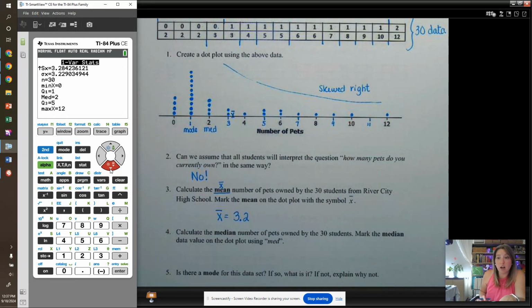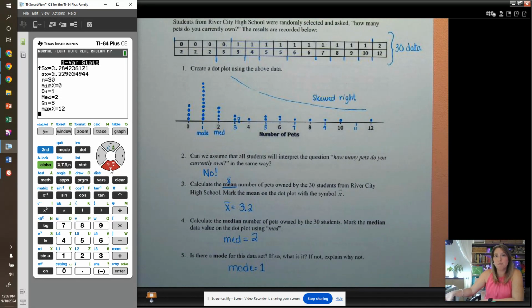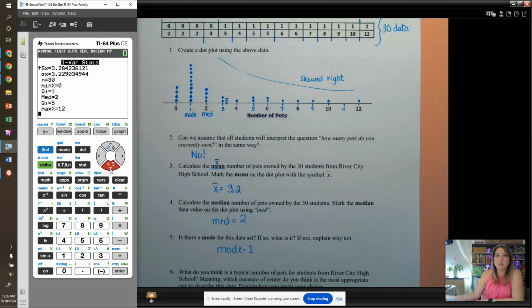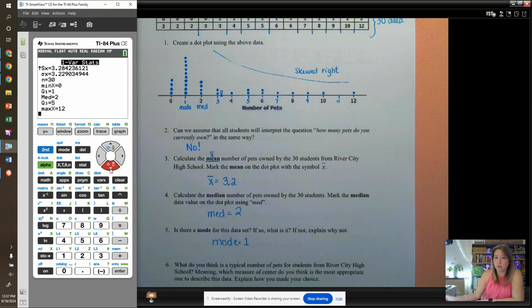That's what I love about a good dot plot, is I can see who's used the most visually right off the bat, and my eye is drawn to it. So for median, we've got 2, and for mode, we've got 1. Okay. So this data set does have a mode, and it is 1.